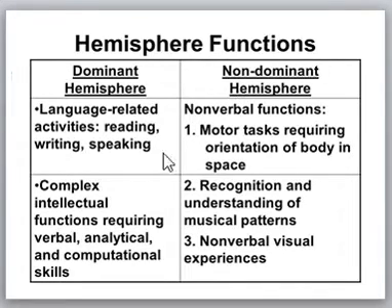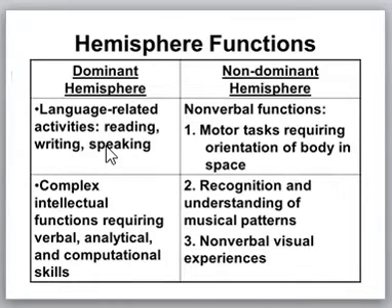The non-dominant hemisphere handles non-verbal functions like motor tasks requiring orientation of the body in space. The dominant hemisphere handles complex intellectual functions requiring verbal, analytic and computational skills, and the non-dominant hemisphere handles recognition and understanding of musical patterns or non-verbal visual experiences. These are the dominant and non-dominant functions. Both hemispheres work symmetrically; if anything goes wrong, the person has cerebral asymmetry.